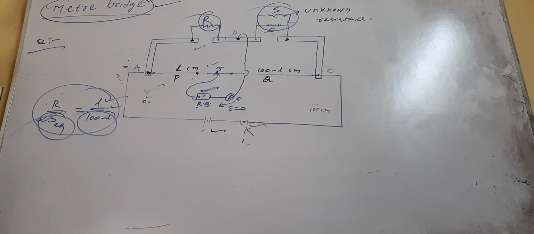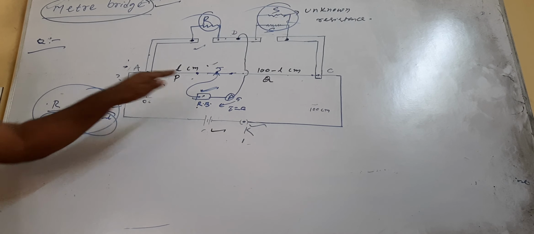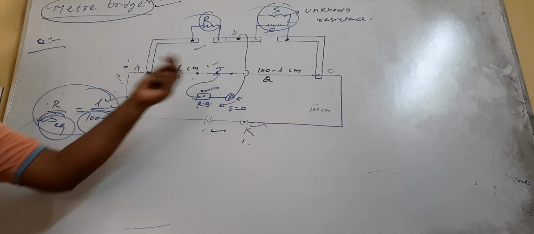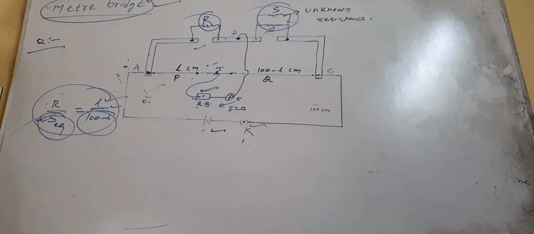That means the galvanometer will not be damaged. So by providing some resistance we can protect the galvanometer, but it has no effect on the position of the null point.